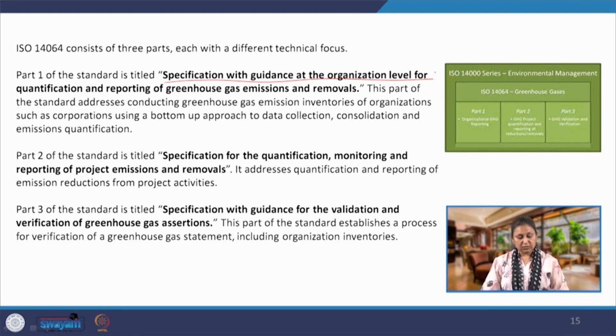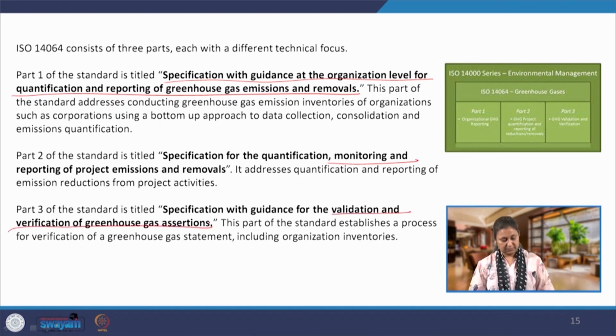Part 2 is the specification for quantification, monitoring and reporting of project emissions and removals, and Part 3 is the specification with guidance for the validation and verification. So, we are looking at the quantification and reporting of greenhouse gas emissions and removals. Second, we are adding the monitoring part, and in the third one we are talking about validation and verification of greenhouse gas assertions.